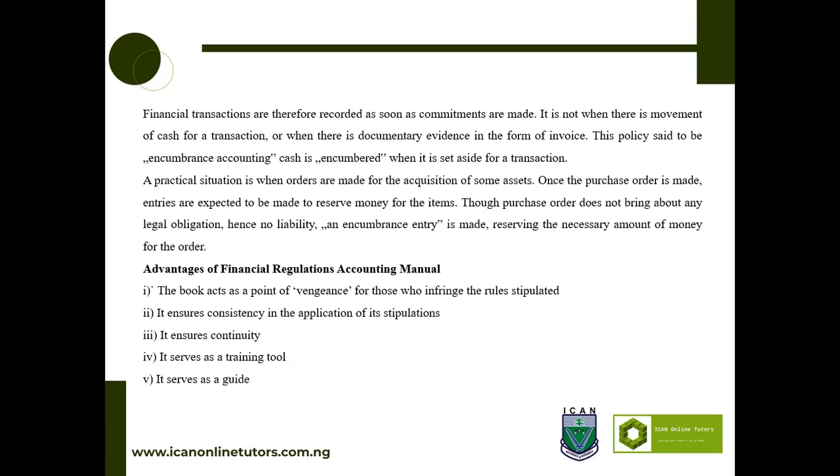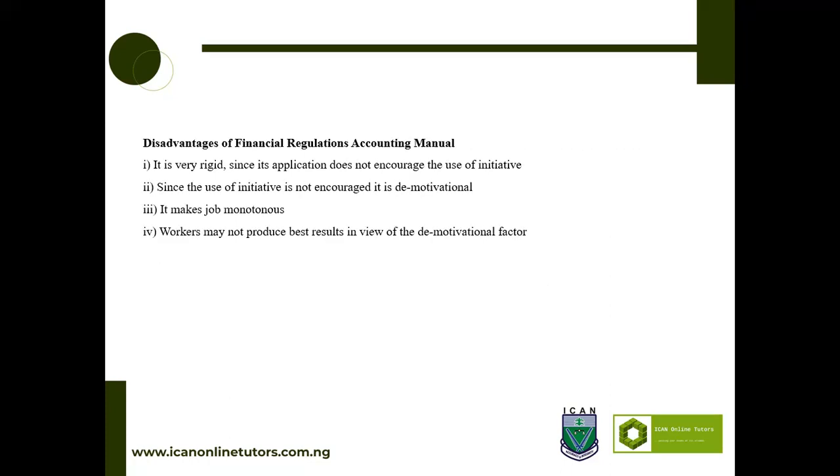That is, the books act as a point of evidence for those that are going against the rules that are being stipulated. So it ensures consistency in the application of its stipulations. It ensures continuity. It serves as a training tool and as a guide.